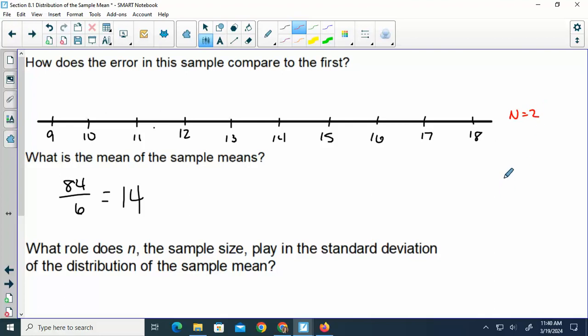Looking back in our notes, when we had a sample of 2, all the different means we had: 16.5, 17, I'm just putting a dot for each of those. 14.